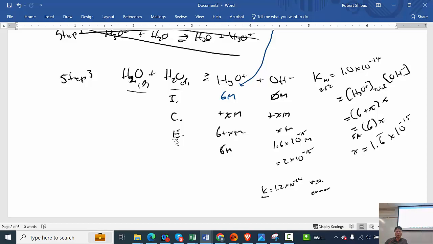And so normally when I calculate the K values, I use the unrounded. I should have kept that in my calculator, which I'll just put back in there.